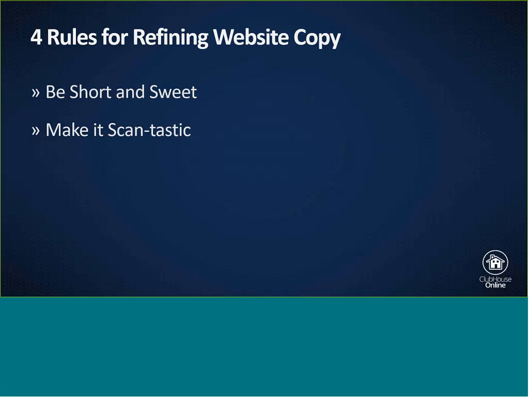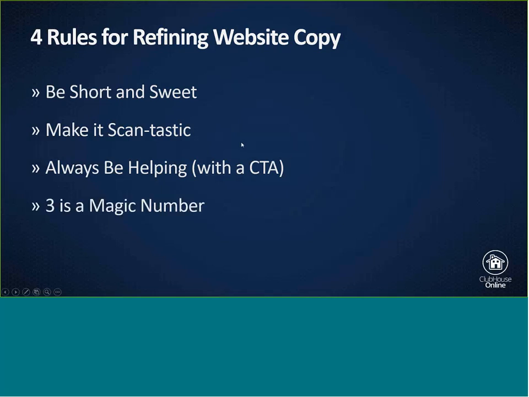Make it scannable, easy for the user to look down the page. Always be helping, in brackets with a CTA. I'll explain what that is for those who don't know. And 3 is a magic number. With those 4 rules, I think you'll be able to take a look at your content and make it a little more user-friendly and easier for people to get the information they're looking for.